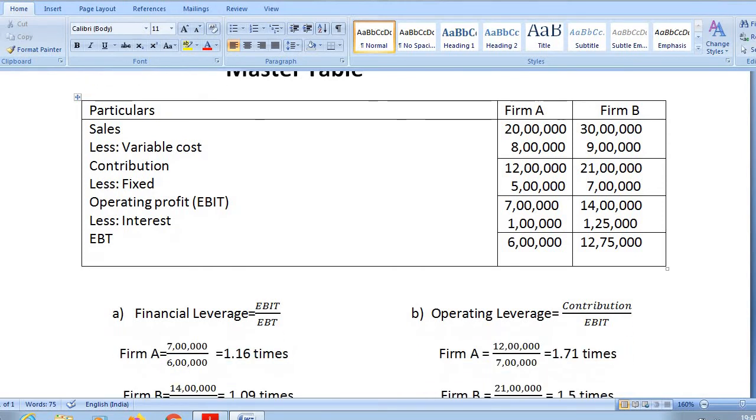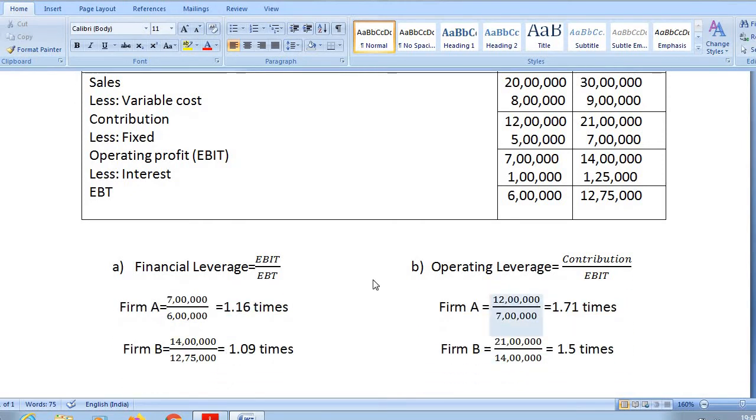Now, financial leverage. The formula for financial leverage is EBIT divided by EBT, whereas the formula for operating leverage is contribution divided by EBIT. Please remember these formulas. Financial leverage always depends on I, the interest factor, so it is EBIT divided by EBT.